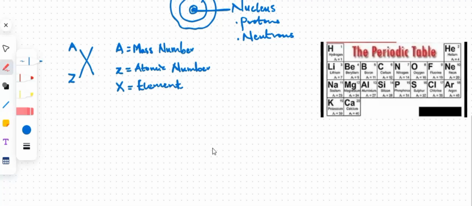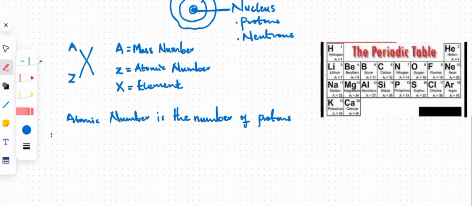So number 1, we have atomic number. It is the number of protons in an atom of an element.